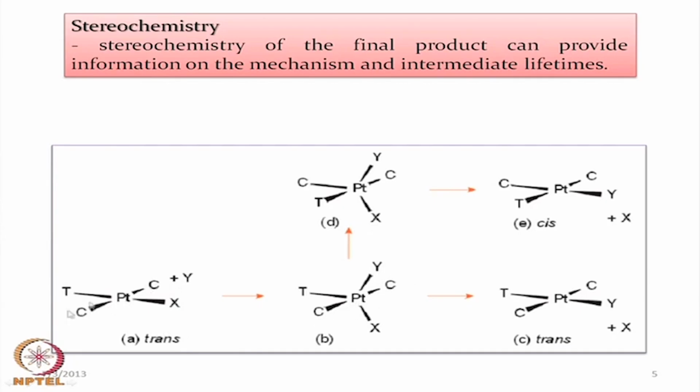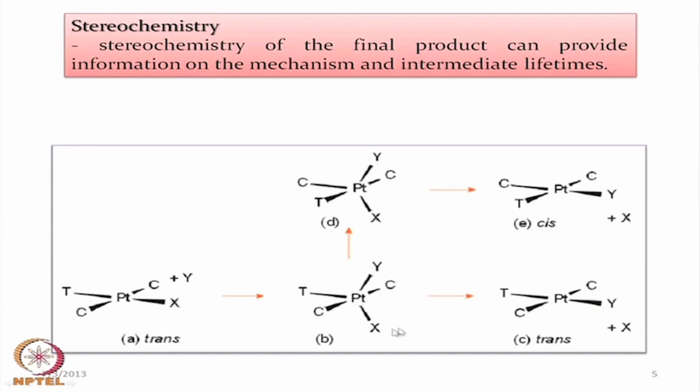That means the trans geometry is preserved, that means the C-Pt-C is in the trans orientation. So, the C-Pt-C trans geometry is preserved; we are unable to modify the corresponding C-Pt-C angle from 180 degree, we are only able to make a trigonal plane involving the trans labilizing group, the leaving group and the incoming group.